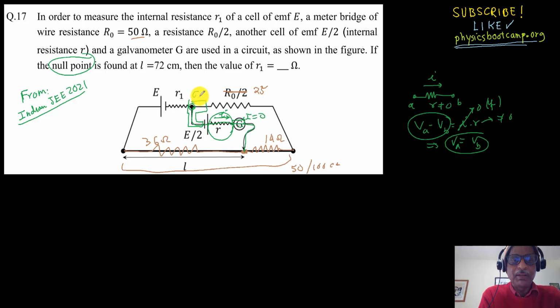That's what I'll do first. And so on the other side, if you think about null point, all of this will be the same potential, and this will all be the same potential. So I will call that B. All of this will be the same potential, as if it was just one little point.